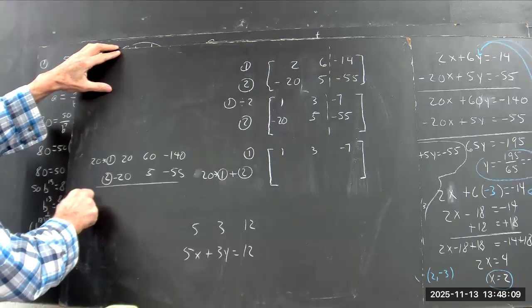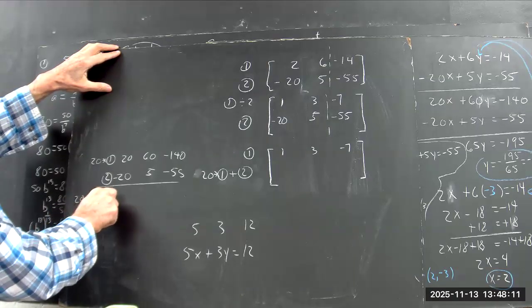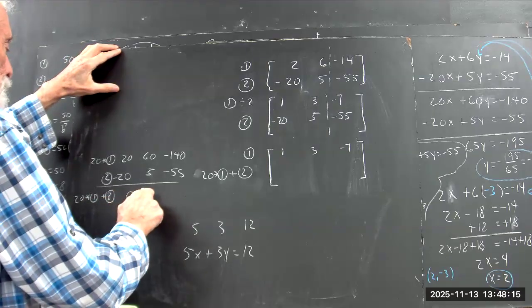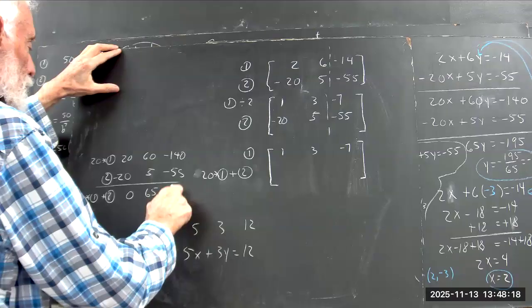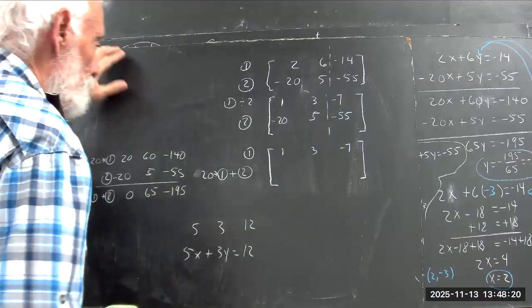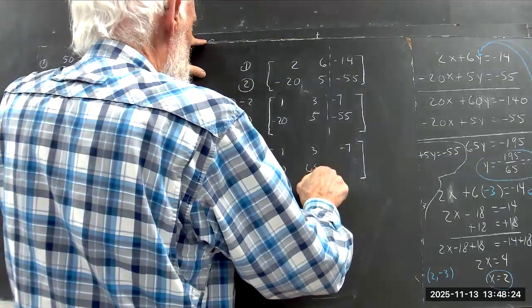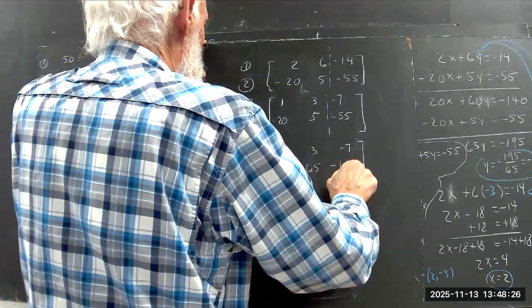So 20 times row 1 plus row 2 is 0, 65, negative 195. And I'm going to write the 0 here. 0, 65, negative 195.